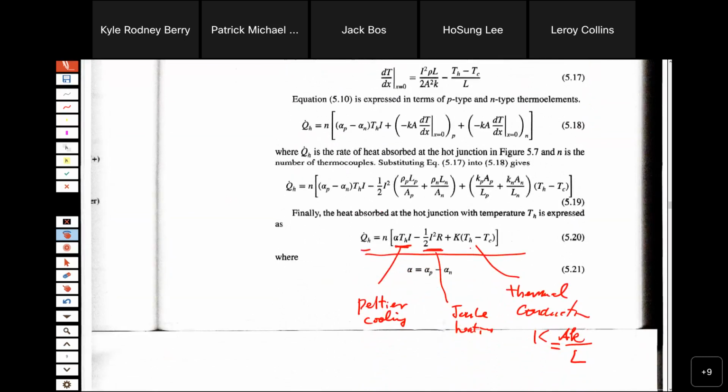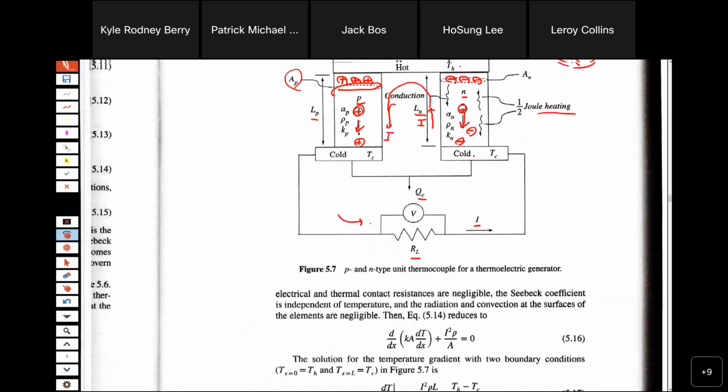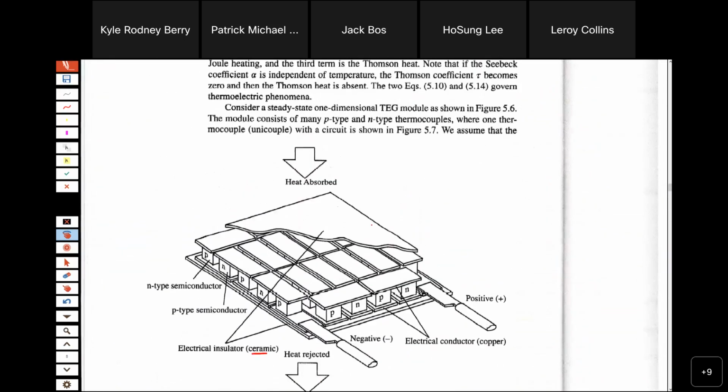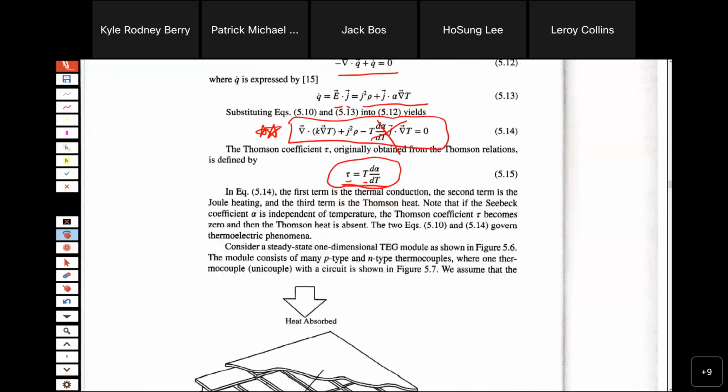So three phenomena, ideal equation. This is the ideal equation because we had to make assumptions: no Thomson effect, neglect.